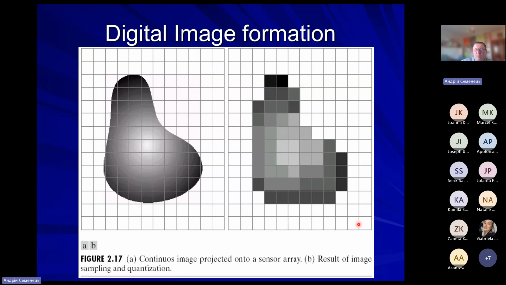So our digital image every time is a result of so-called sampling and quantization. Again, when we illuminate the sensor array, the elements start emitting an electrical signal after some specific threshold. And if our signal for a pixel element is below the threshold, it will generate nothing. So we will have this squared representation of our object.